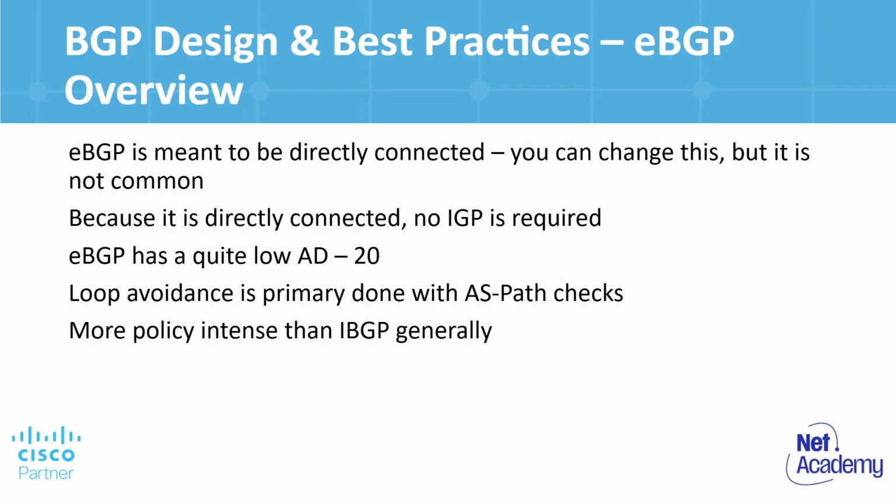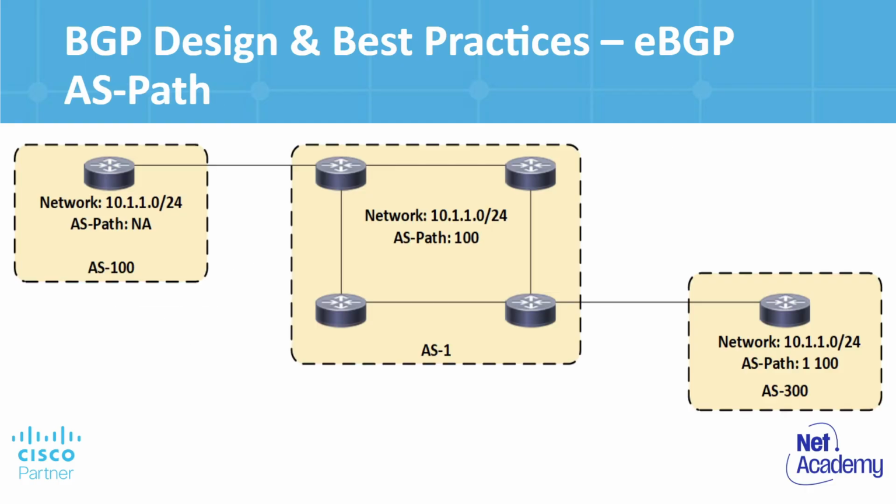Okay? Let's talk a little bit about those AS paths in general. We talked about in the iBGP section, we spent quite a bit of time talking about the next hop attribute. There's another attribute that changes besides next hop when you enter a new autonomous system. So in this drawing here, I have AS100 on the left, AS1 in the middle, and AS300 on the right.